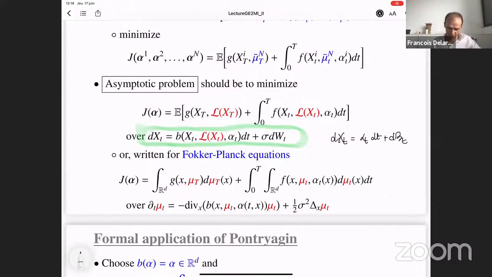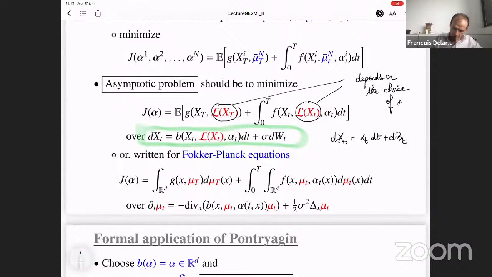But now, instead of freezing the environment as I did before the optimization, I really put the law of X_t. So you see that the law really depends on the choice of alpha, because when alpha changes, the law of the population, or the law of X_t, is going to change.